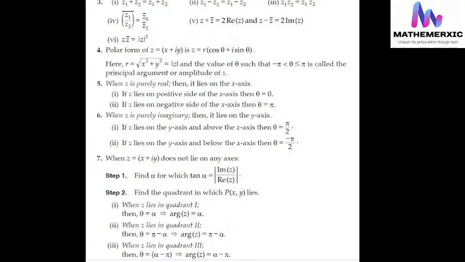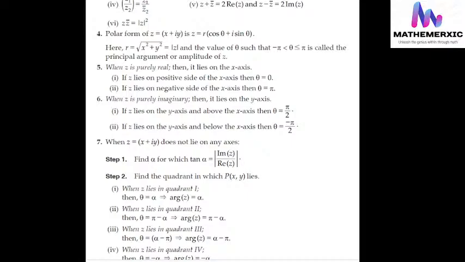When z is purely real, then it lies on the x-axis. If z lies on the positive side of the x-axis, then theta is equal to 0. Lies on the negative side, theta is equal to pi. When z is purely imaginary, then it lies on the y-axis. If z lies on the y-axis above the x-axis, then theta is equal to pi by 2. Z lies on the y-axis and below the axis, then theta is equal to negative pi by 2.